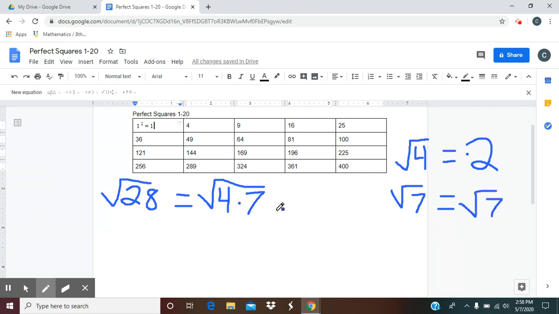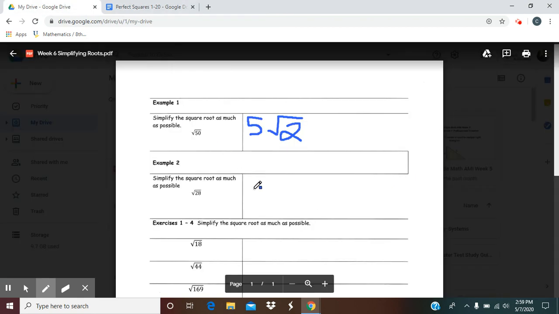So for my answer here, I'm going to write it down below. Give you a little bit of something to follow here, that way you see. I'll end up with 2 square root of 7. And that would be my answer. So bringing that back over here, we have 2 square root of 7.